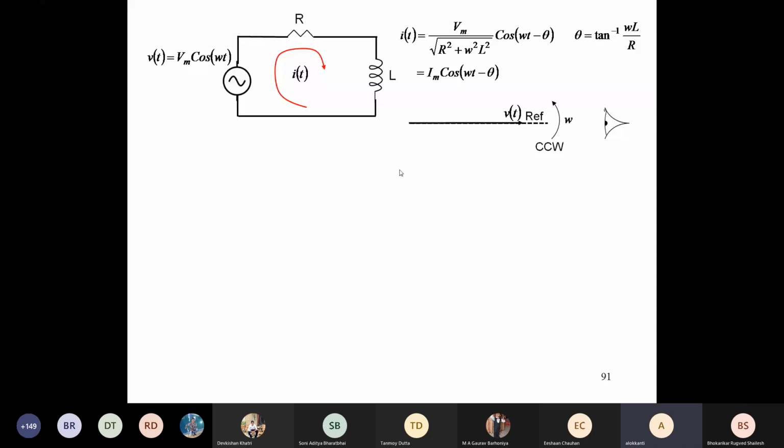If you put the voltage phasor along the reference, where will be the current phasor? Just below, at an angle of minus theta, and it will have a different magnitude. Because the magnitude for voltage was Vm, for current it is something else: Vm by root over r square plus omega square L square.